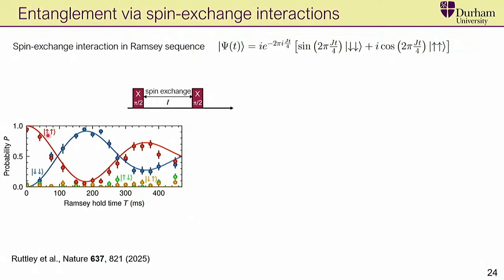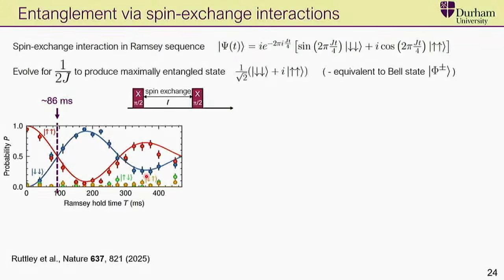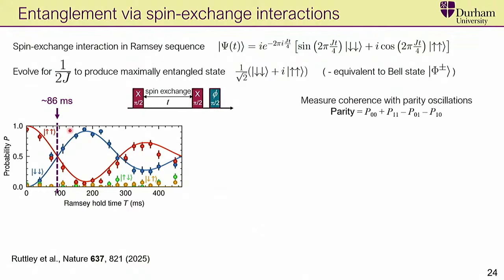And we see that indeed we start and we see these oscillations between up-up and down-down, with very little population being transferred into this sector. And then to produce a Bell state, you simply stop this at the correct time, which in our case is an enormous 86 milliseconds. And that produces this entangled state.